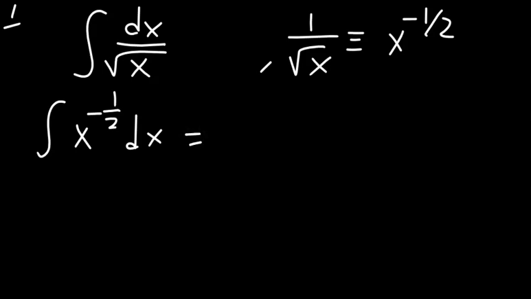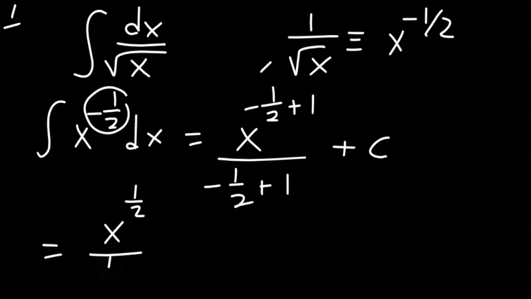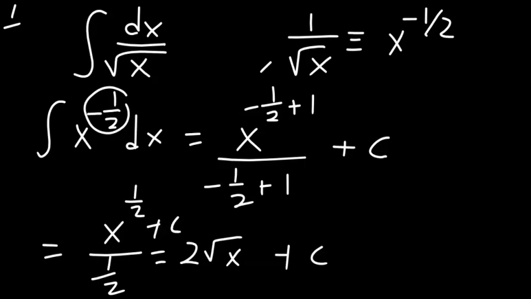And according to the rule that we have discussed, the power of x will be raised by 1, so minus half plus 1, and that power is written in the denominator, plus a constant c. So the answer is x to the power half over half, which is just 2 square root x, and don't forget to add c. And that's the full result.